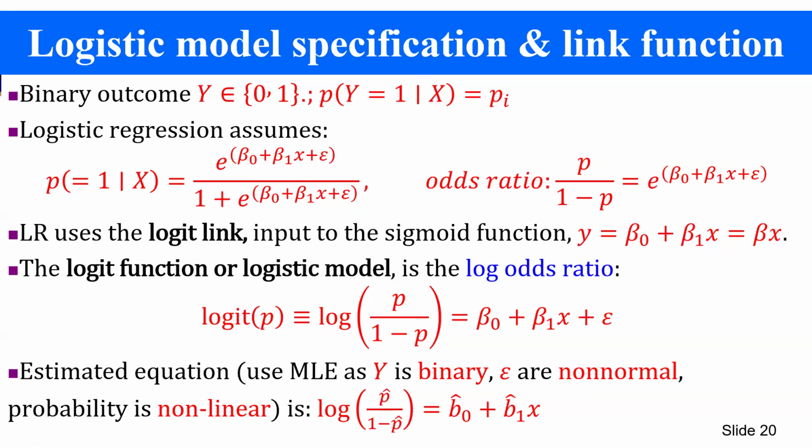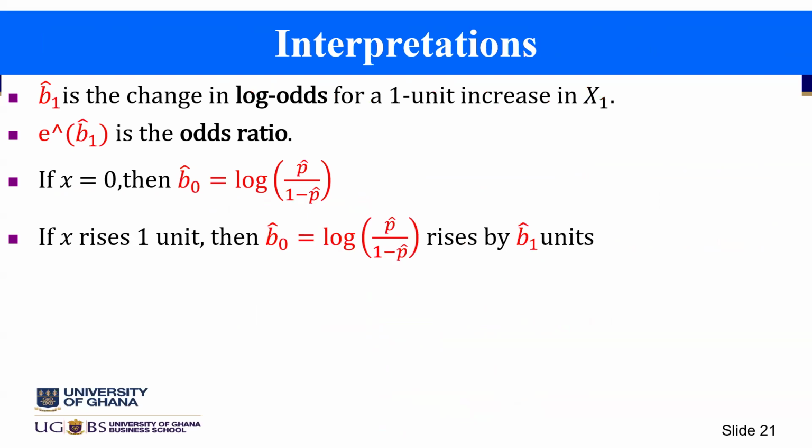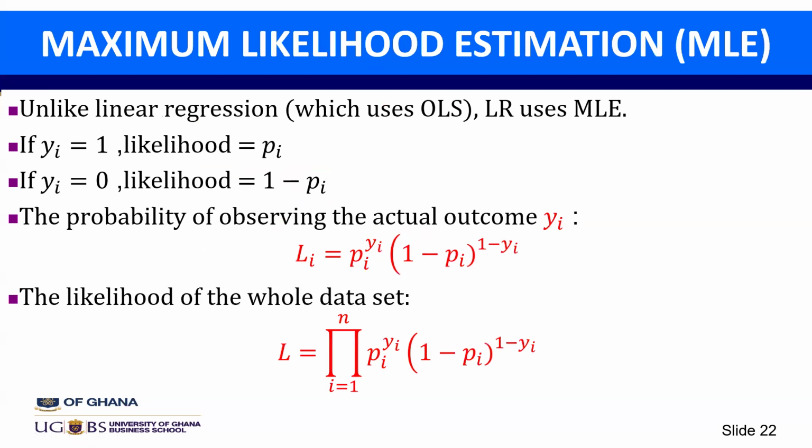Beta 1. So now that you have the beta 1, you can easily find beta naught if you want. So now it's rather going to be the log of the odds ratio also rising by the beta 1 unit. These interpretations will be useful when we come to practical work.